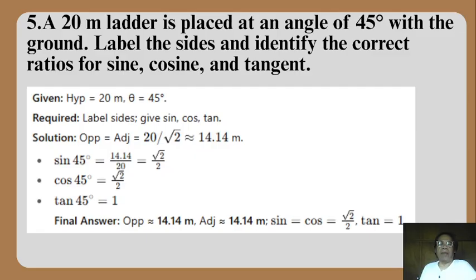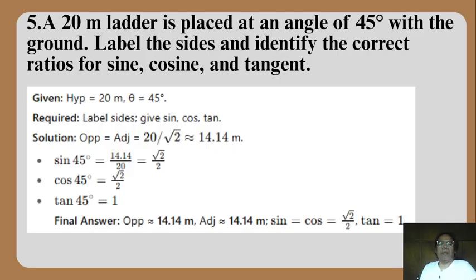So we are given hypotenuse 20 meters and theta is equal to 45 degrees. We are asked to determine the sides, label the sides, and then give the value of the sine, cosine, and tangent of the angle 45 degrees.